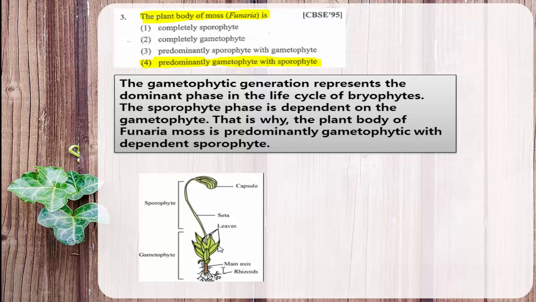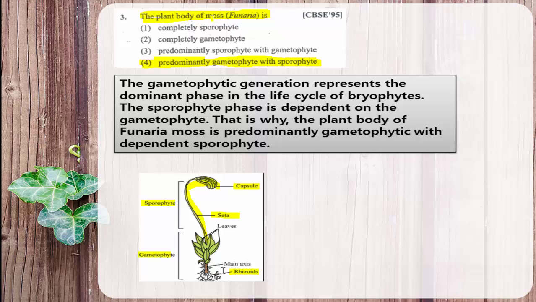This entire lower portion represents the gametophyte, and for the first time leaf-like structures are observed in mosses. Of course, it also has rhizoids because roots are completely absent. The capsule and seta are parts of the sporophyte, which grows attached to the gametophyte.